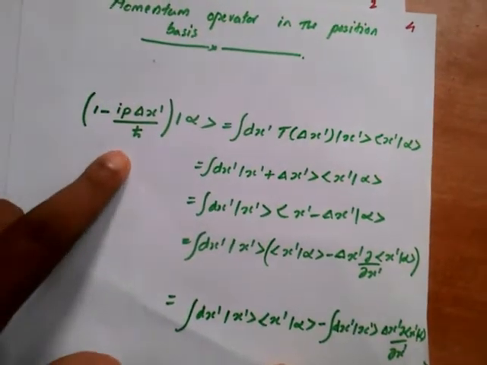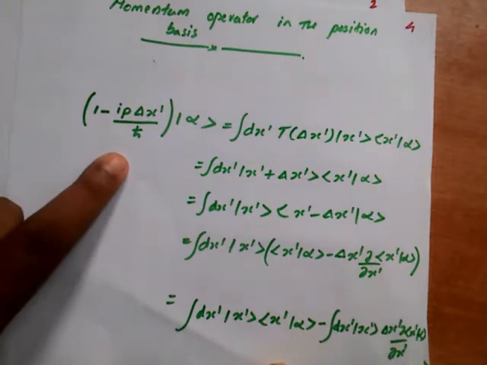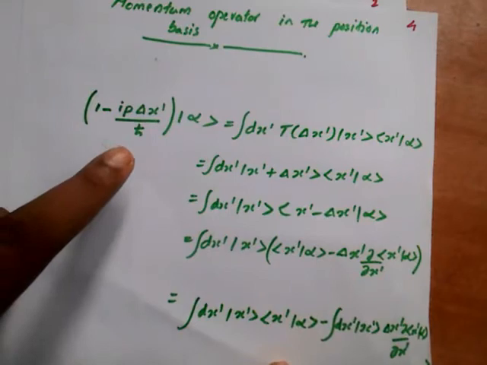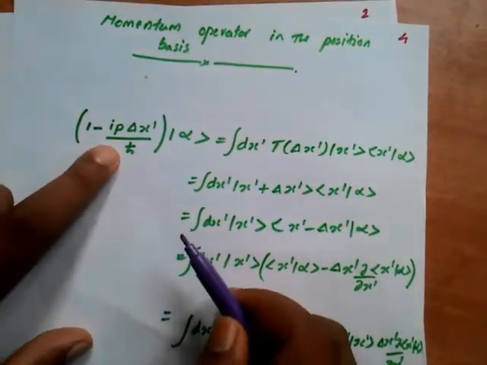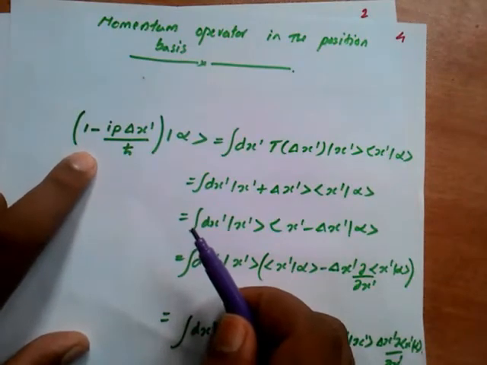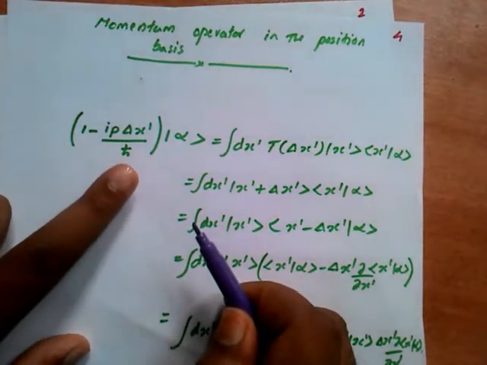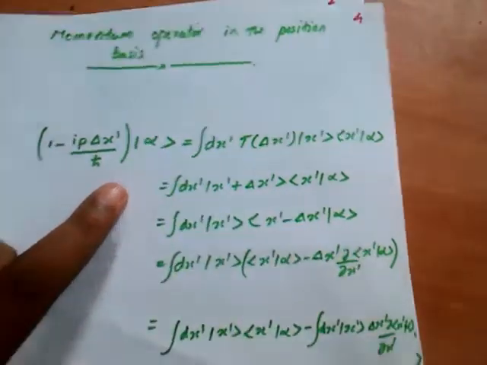We know the momentum operator is related to the infinitesimal translation operator, which is shifting one particle from one point to another point because of the momentum. That infinitesimal translation operator we are taking as 1 minus i p delta x dash divided by h cross, operating on a state alpha.